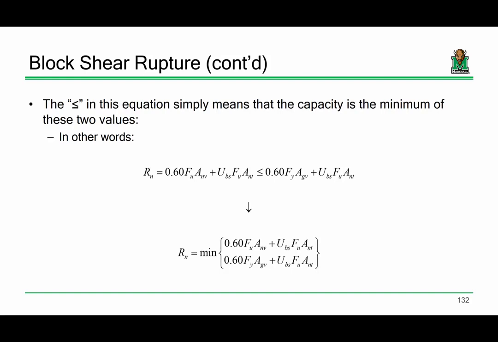And if you look at this expression, you'll see that some stuff is common. So for instance, if you look at the top and the bottom, both of these expressions carry this term over here on the right, UBS Fu Ant. It's the same on the top and the bottom. There's also a 0.6 on both of these terms here on the left.